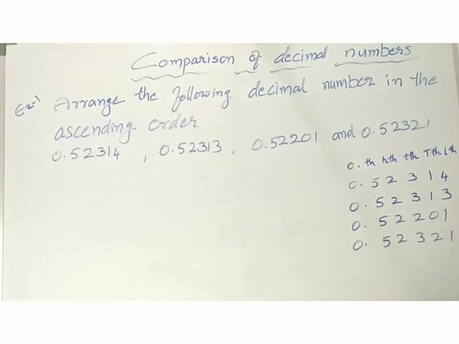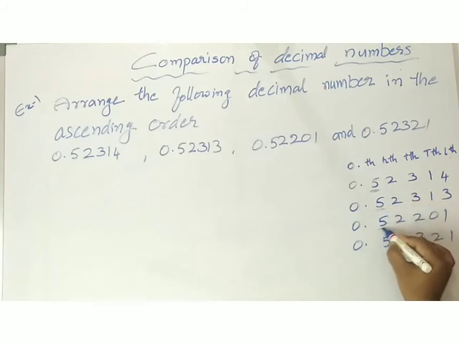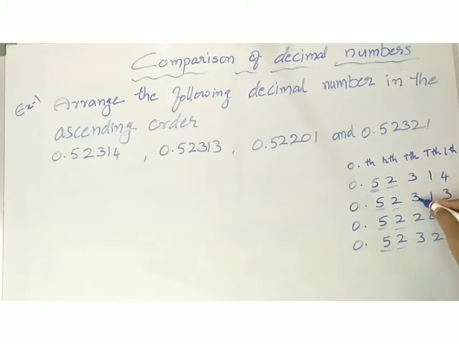Dear children, observe that I did not number them first, second and so on. Once we compare, in all the tenths digit, 5 is there, all equal. In the second digit also 2, 2, 2, 2. Next is 3, 3, 2, 3. Ascending order means smallest to largest.